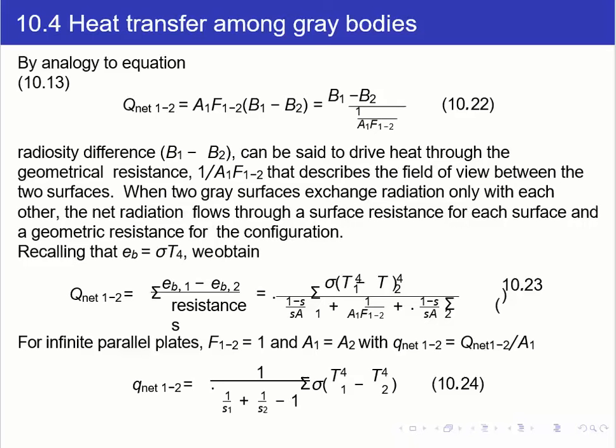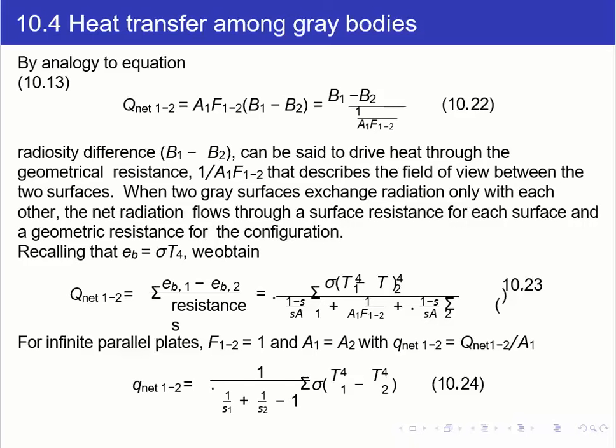When two gray surfaces exchange radiation only with each other, the net radiation flows through a surface resistance for each surface and a geometry resistance for the configuration.